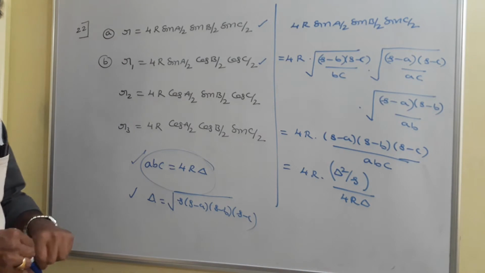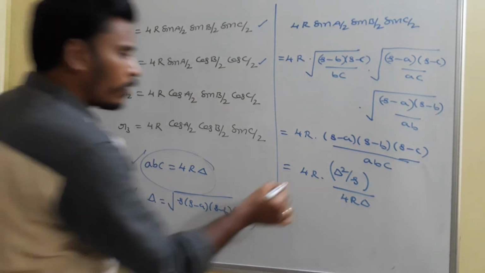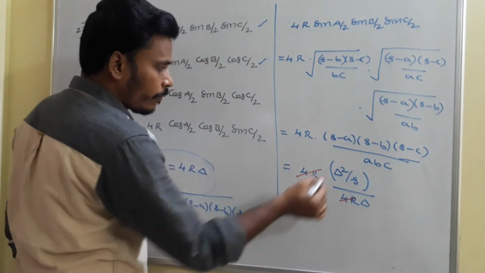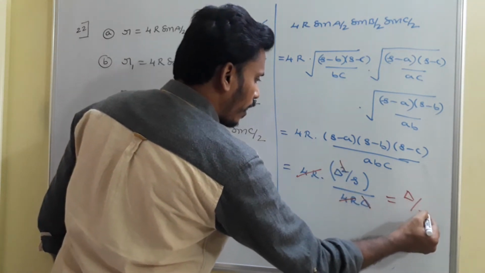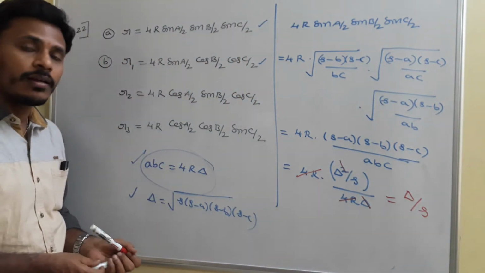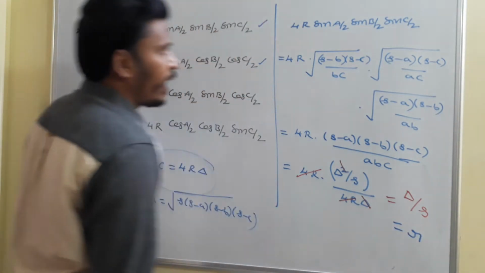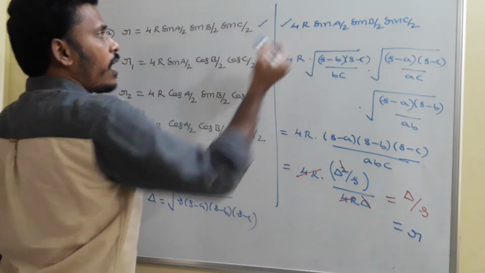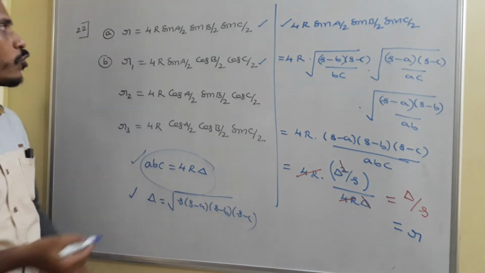Okay. Now think about the cancellation. The 4R and 4R get cancelled, delta and delta get cancelled, and we are left with delta by s. And delta by s is nothing but what? It is clearly r. So at the end, 4R sin A/2 sin B/2 sin C/2 is directly equal to r.